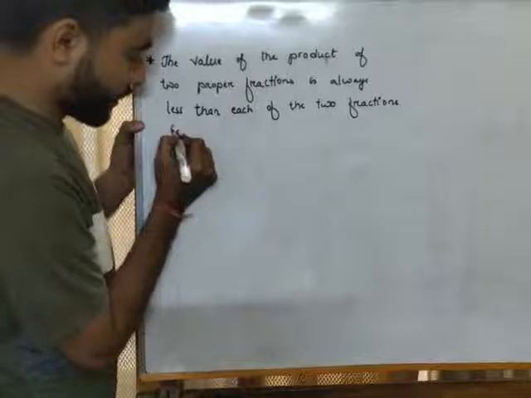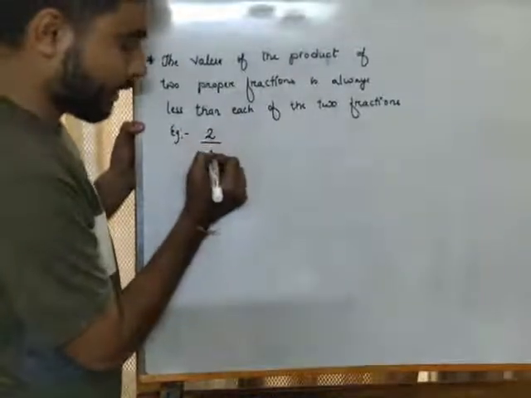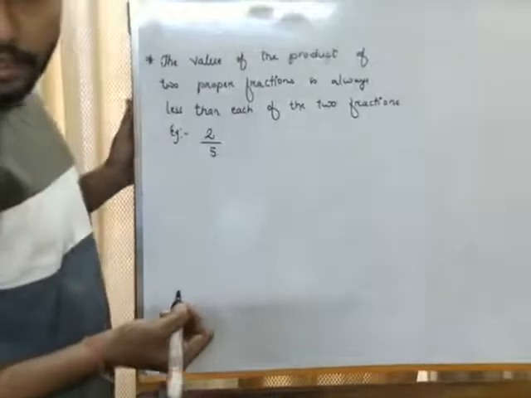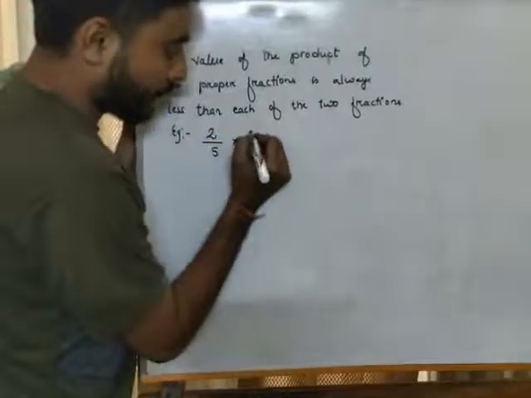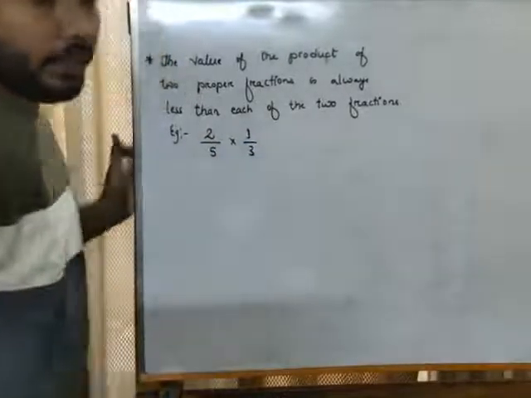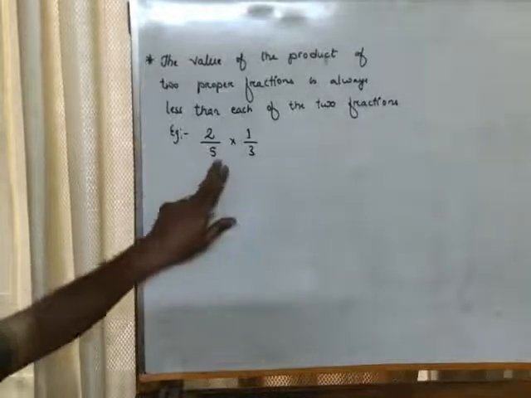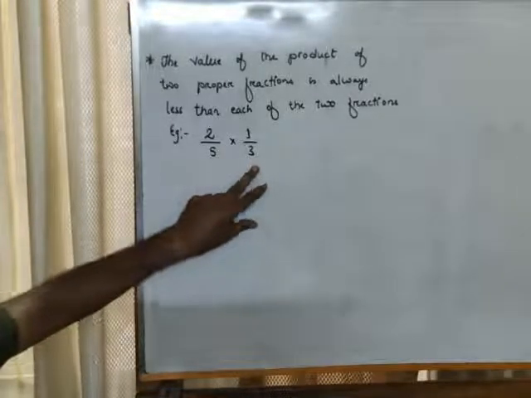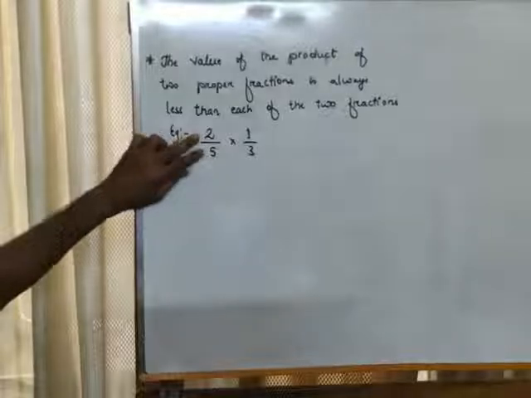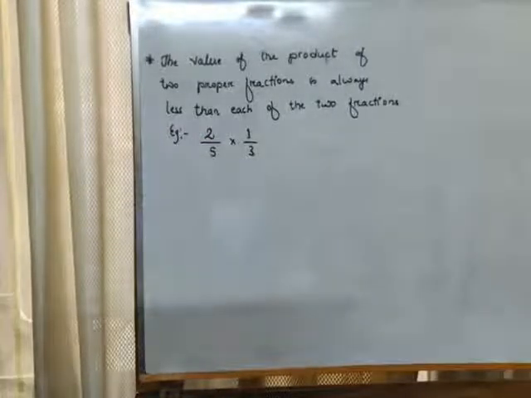Suppose I have a fraction, for example 2 by 5, and I'm multiplying it by 1 by 3. I took the example from the book only. So there is a fraction 2 by 5 and it is multiplied with 1 by 3. 2 by 5 is a proper fraction and 1 by 3 is again a proper fraction.